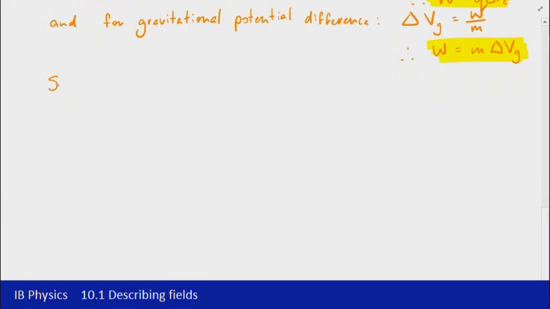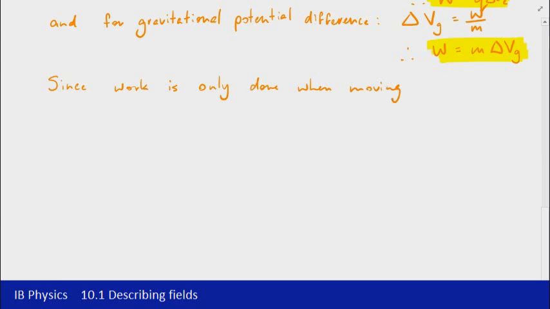One last thing here, another common idea between these two. Since work is only done moving against the field, we're having a look at this idea of where the reference point is for gravitational potential. Work is only done when moving against the field, so in the opposite direction to the field lines.